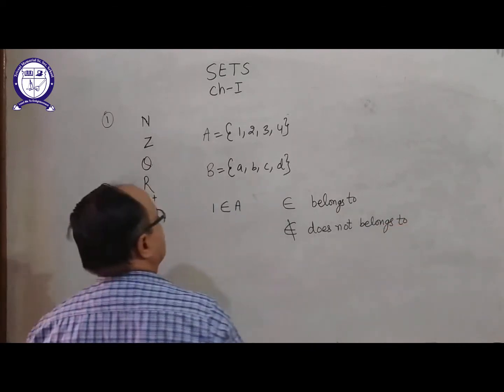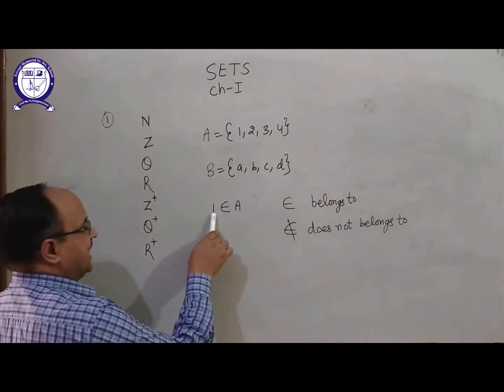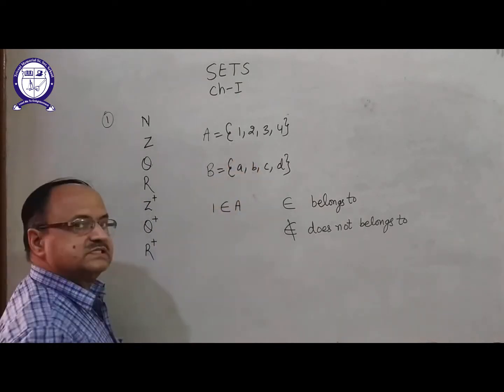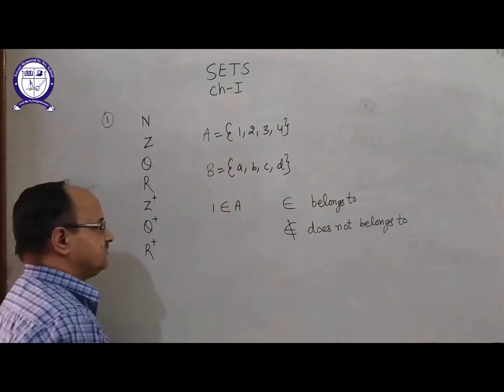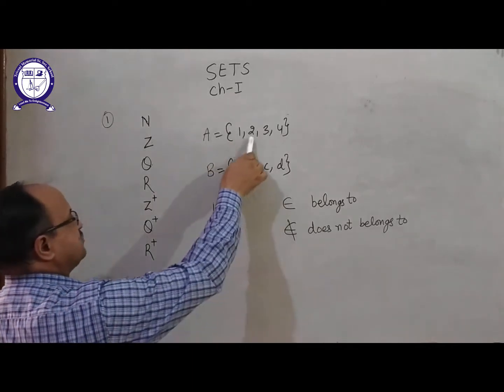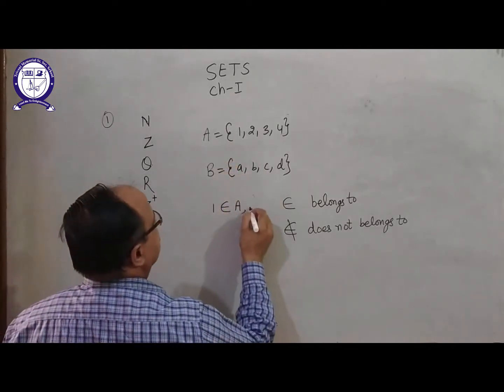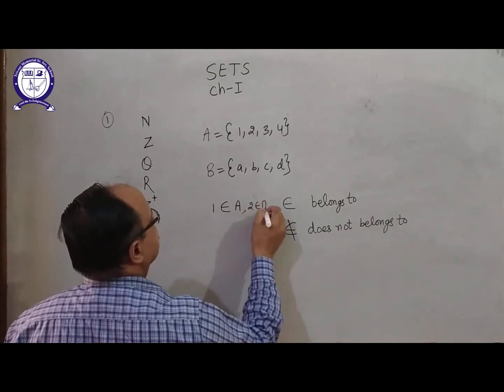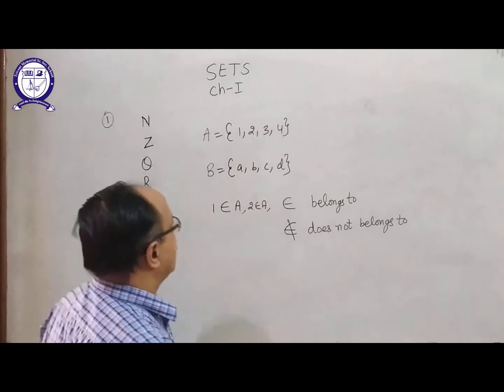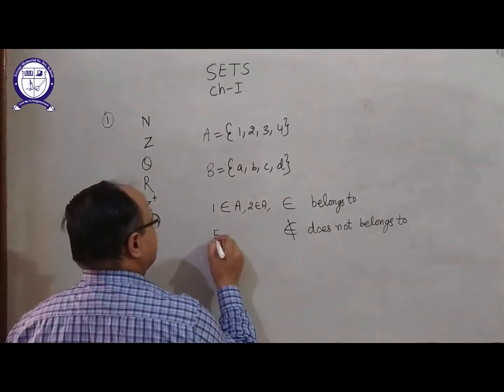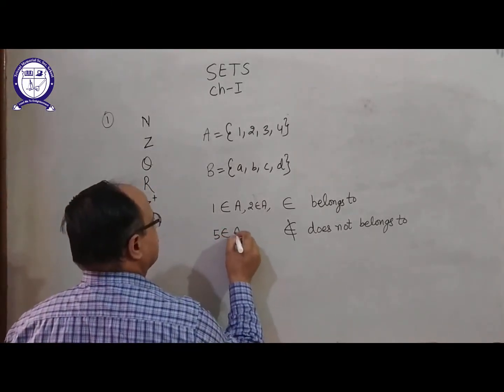Correct? 1 is an element of set A, it means 1 belongs to set A. And 2 also belongs to set A. Now can you say that 5 belongs to set A?